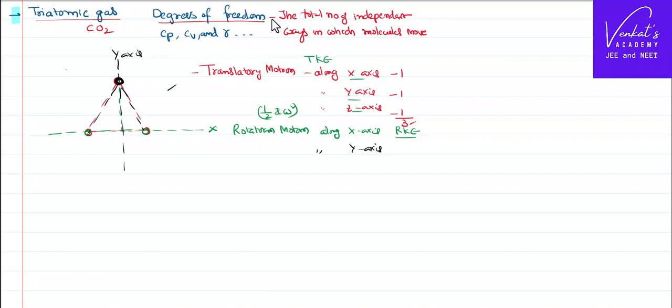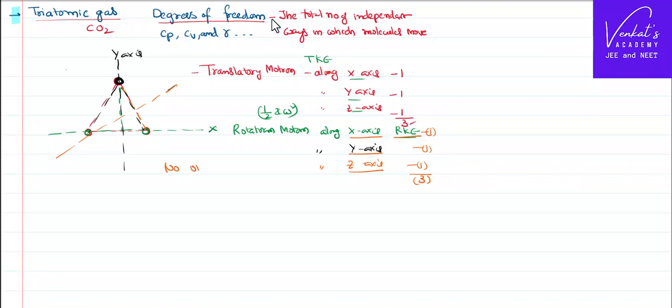Even if I consider the z-axis, the other two atoms are at a certain distance, even in a perpendicular plane. Thus, there is rotational motion along the z-axis also. That means this is 1 degree of freedom, this is 1 degree of freedom, this is 1 degree of freedom. Altogether, due to rotational motion also, it has 3 degrees of freedom, right?